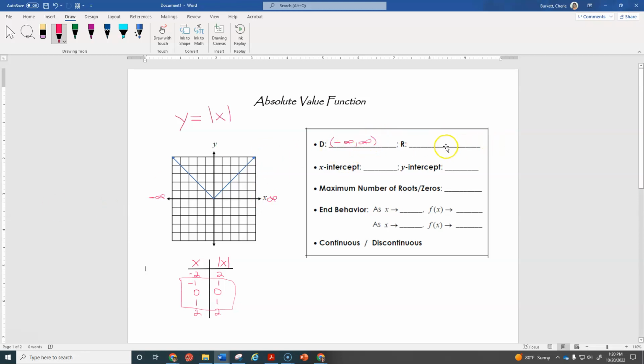This is true for every absolute value function. You could also, of course, just explain or write out that the domain is all real numbers.